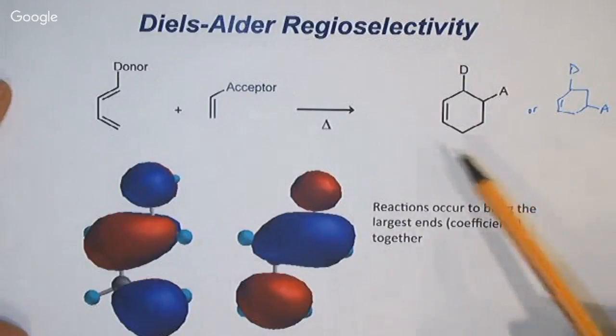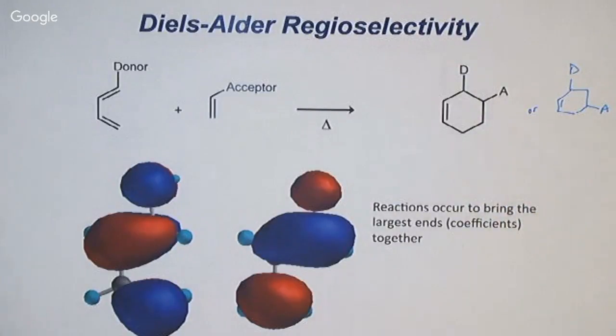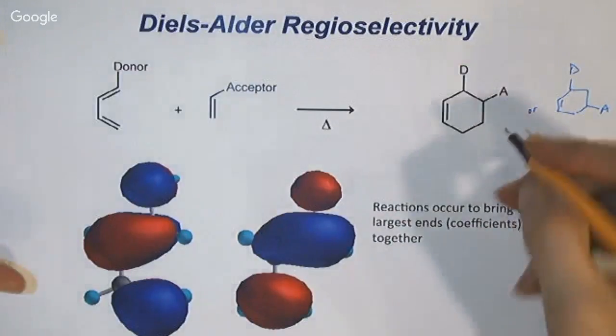Normally we would say here for this particular product, the two substituents are ortho to each other, and in the second product they are meta to each other. Now it's not really the best way to describe it because usually the names ortho, meta, para we use to describe substituents around aromatic rings. There's an aromatic transition state, but not necessarily an aromatic ring in the product, but nevertheless, we still describe them as being ortho or meta.